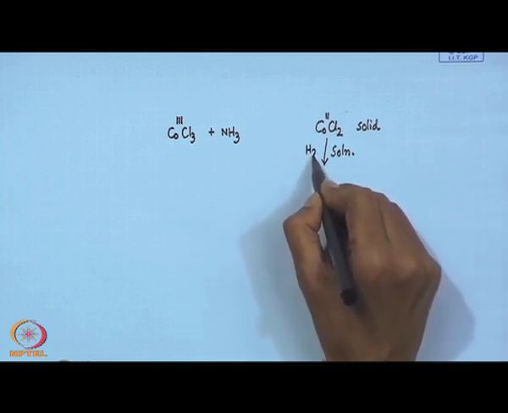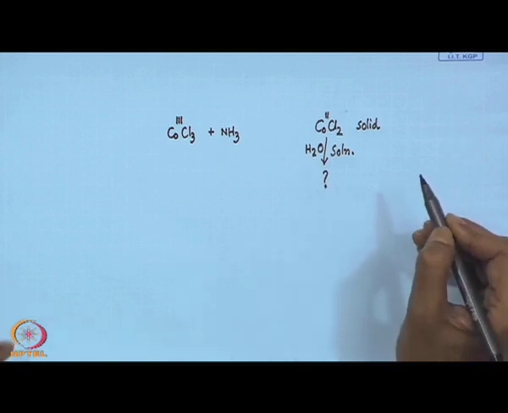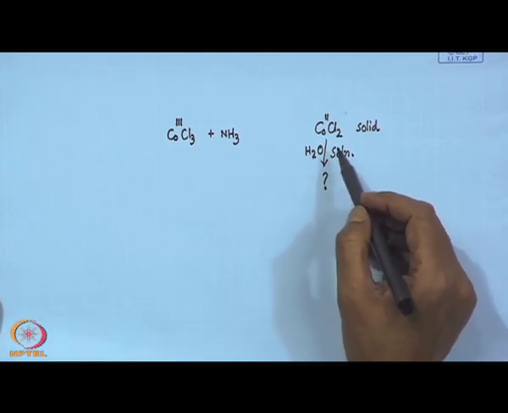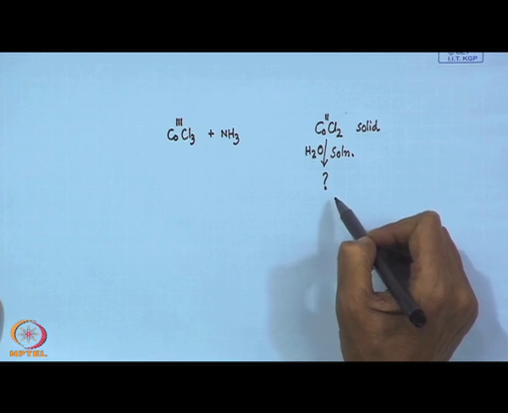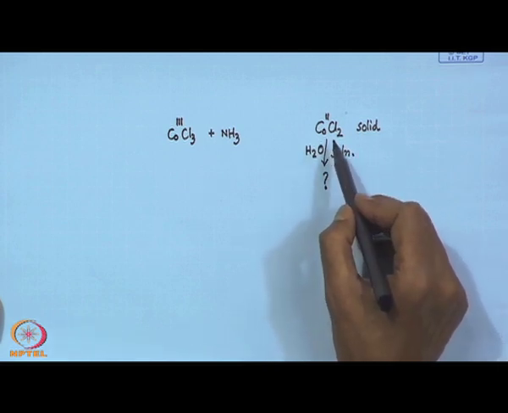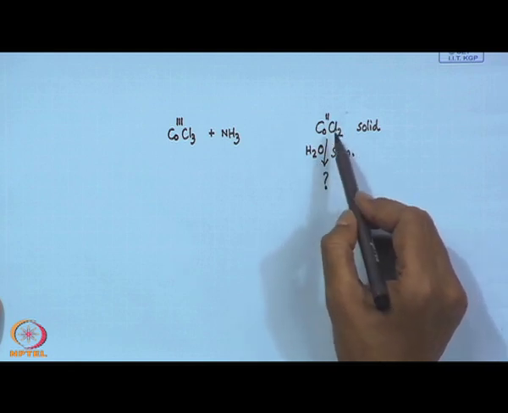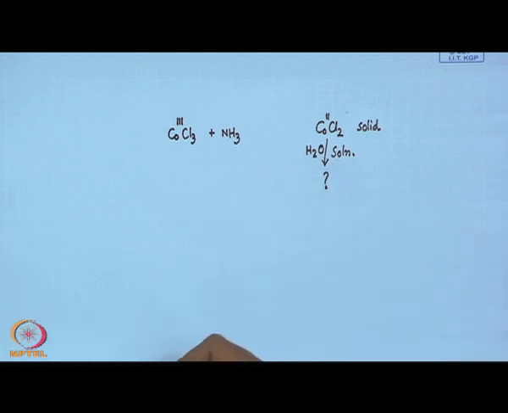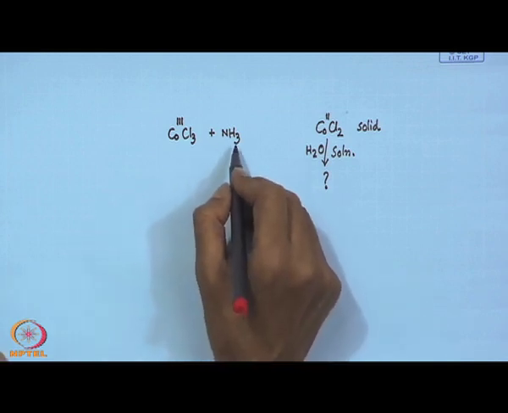So, in solution of water, what is forming? These were the problems at that particular time, and we did not know much about all these things: cobaltous chloride is in our hand and we are adding water molecule to it, and what type of interaction can take place with the water molecule, and then we are adding a very simple molecule of ammonia.